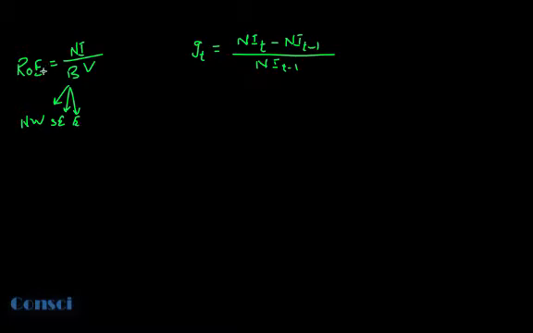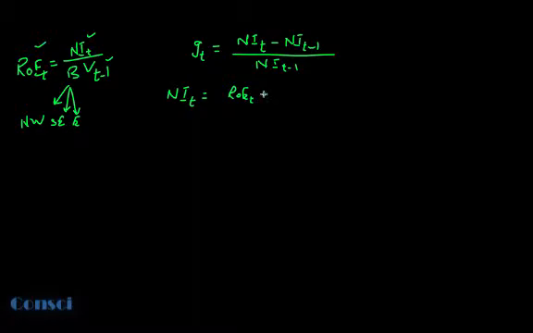So we are saying ROE T is equal to net income of T divided by net book value of T minus 1. So what we are saying here is the income that the company generated on earlier year book value is represented by ROE.